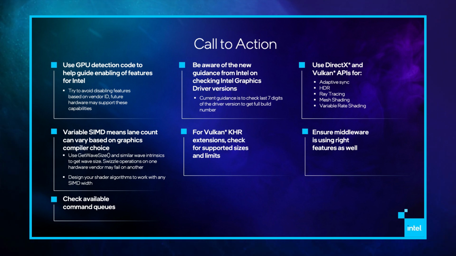Also keep in mind to design your shader algorithms to work with any SIMD width. When using Vulkan extensions, check for supported sizes and limits. Different vendors specify different limits in their driver based on the driver and hardware capabilities. If you're using middleware, make sure your middleware is using the right features as well as checking for proper support.